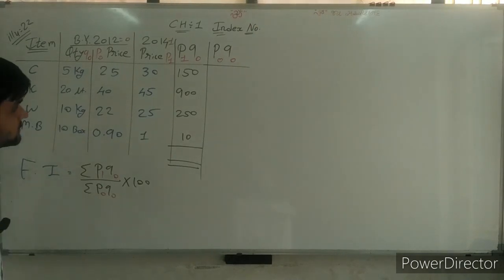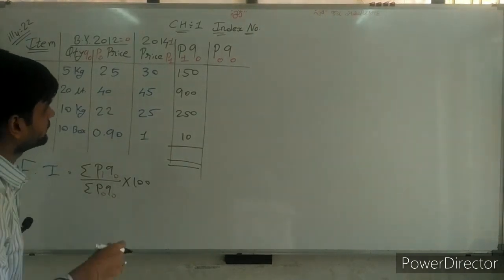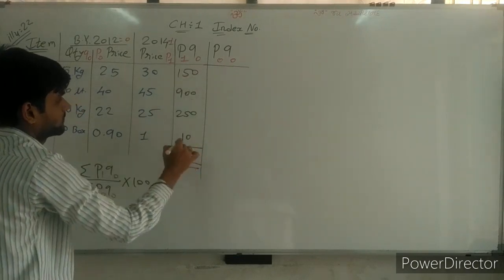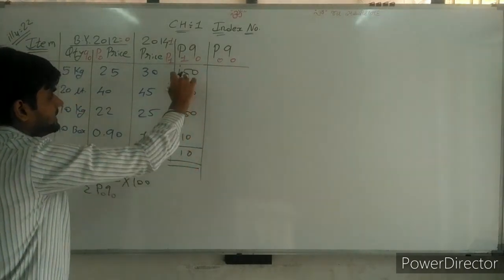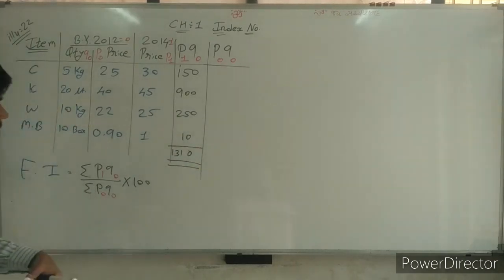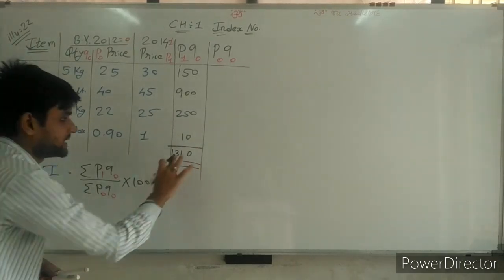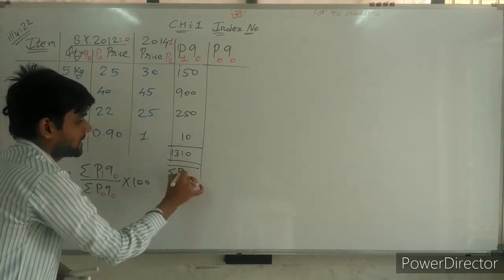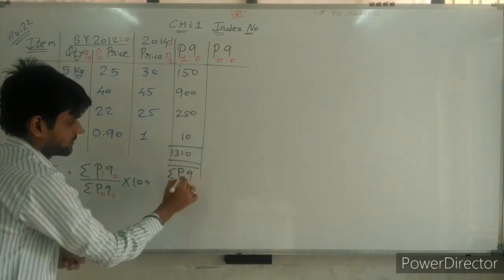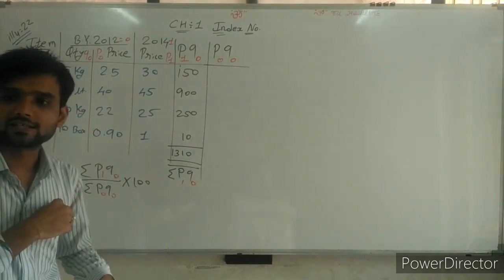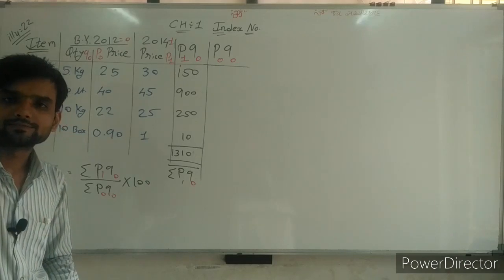Make total of this: 150, 900, 250, 10, gives 1310 rupees, which is total sigma P1Q0. That's it, so it is completed.